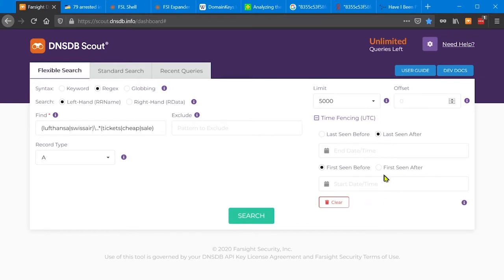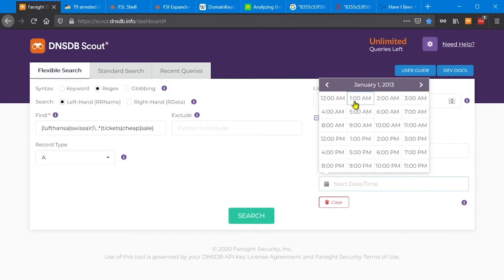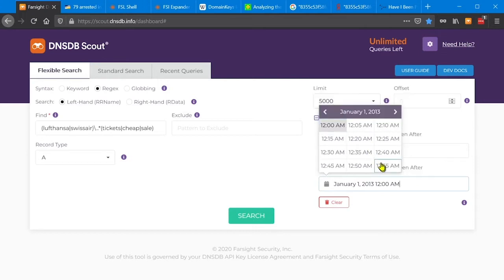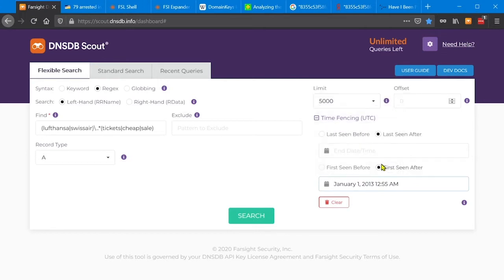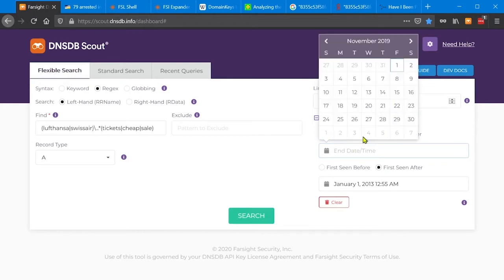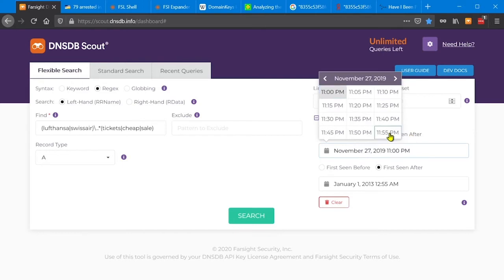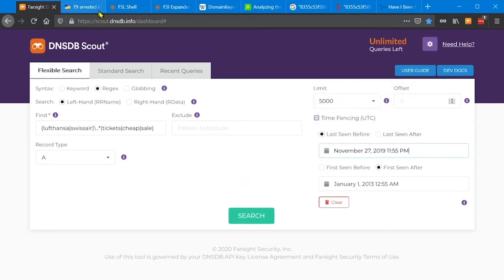First, we'll say we would see something after, let's say, 2013, January 1st midnight. And ending our search before the crackdown happened, 2019, November 27, end of the day.